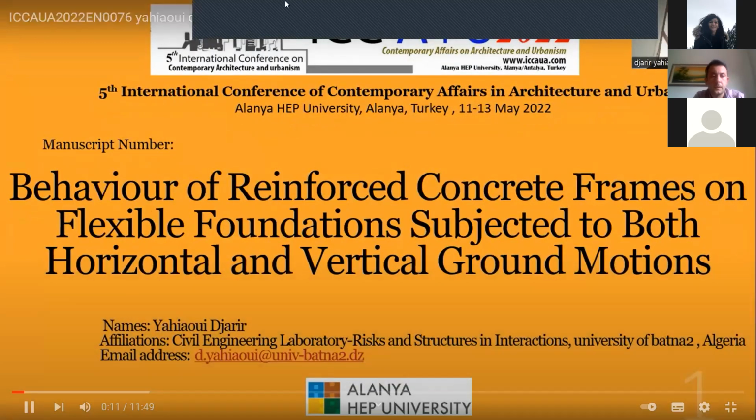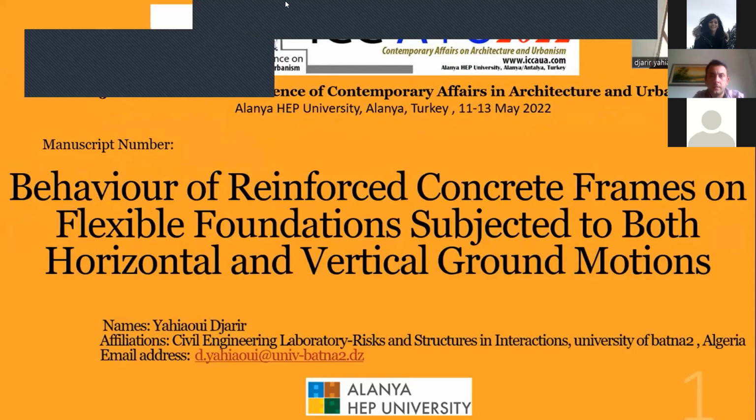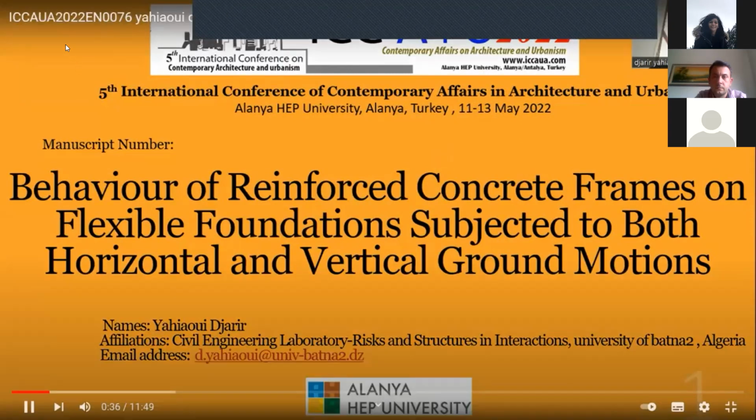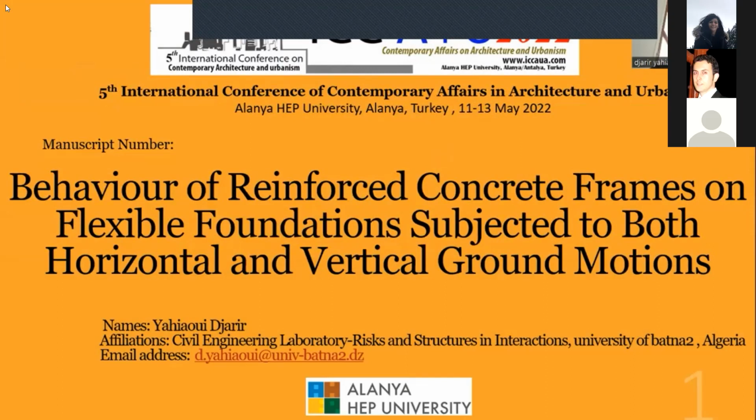The title of paper is Behavior of Reinforced Concrete Frames on Flexible Foundations Subjected to Both Horizontal and Vertical Ground Motions. This paper investigates the behavior of combined horizontal and vertical accelerations on the seismic response of reinforced concrete resting on shallow foundations. 5- and 9-story buildings are considered to represent low and medium-rise buildings.